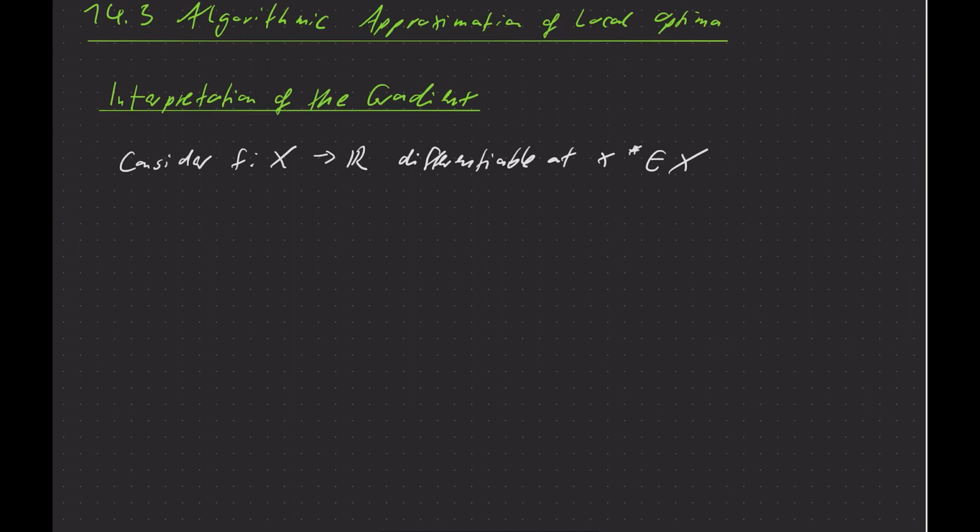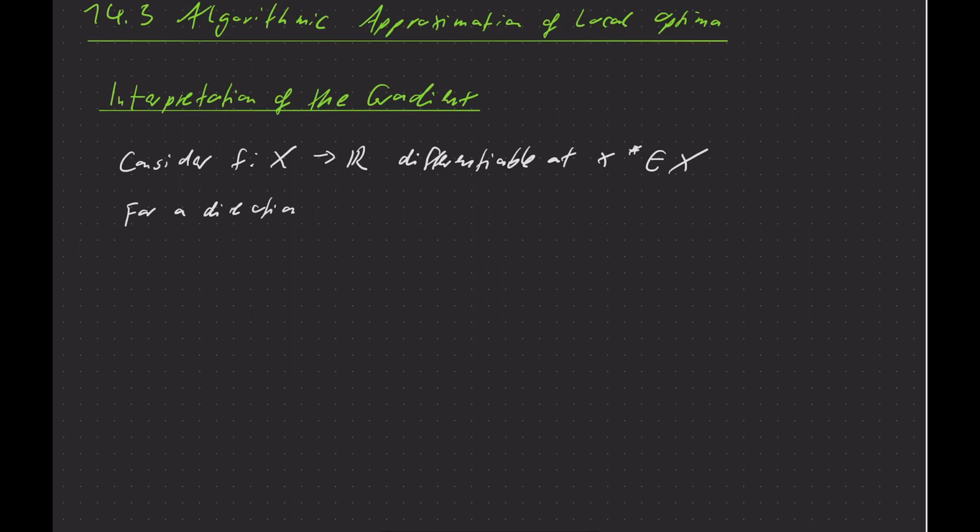Now if we select a certain direction, then we can restrict f to that direction, and we can look at the behavior of f along that direction. In particular, the directional derivative of f in a certain direction will give us the derivative in that direction. So it will give us an idea of the change rate of f as we're walking along the line in direction v.